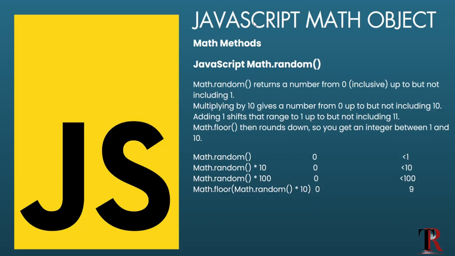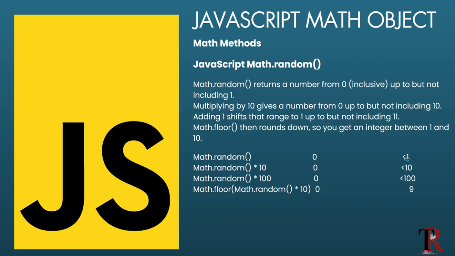So let's move on and let me talk about a summary of these expressions that we've been working with. When you call the math.random method directly, without any parameter or data being passed into it, it always returns a number from a range of 0 to something less than 1.